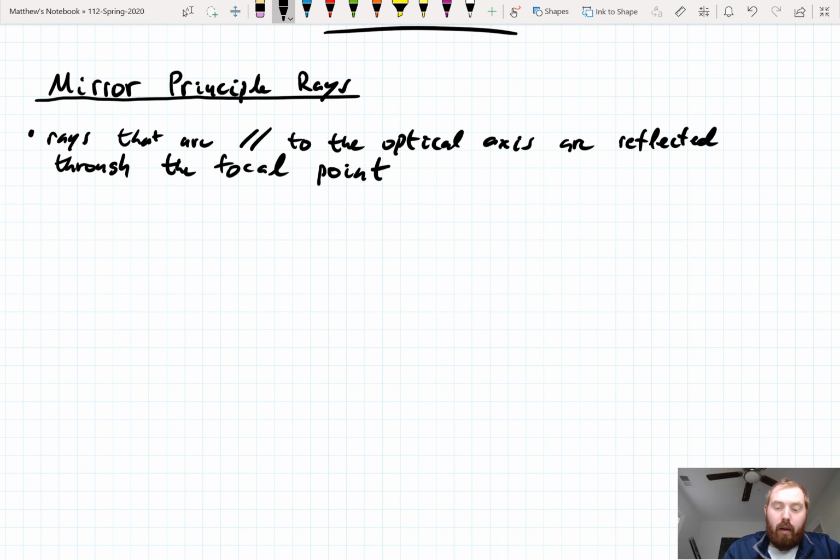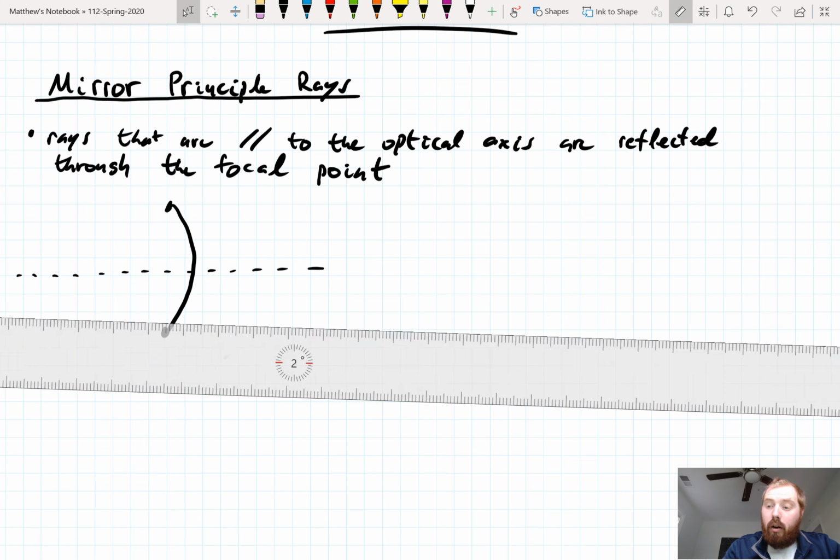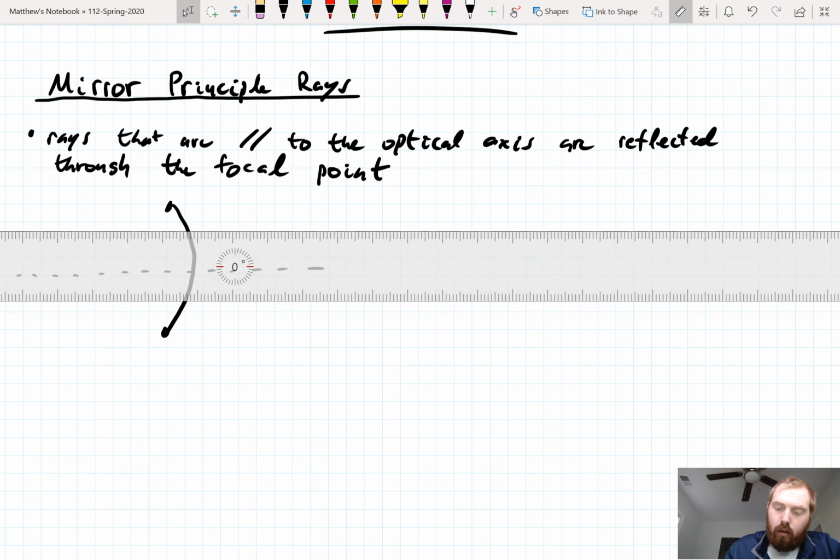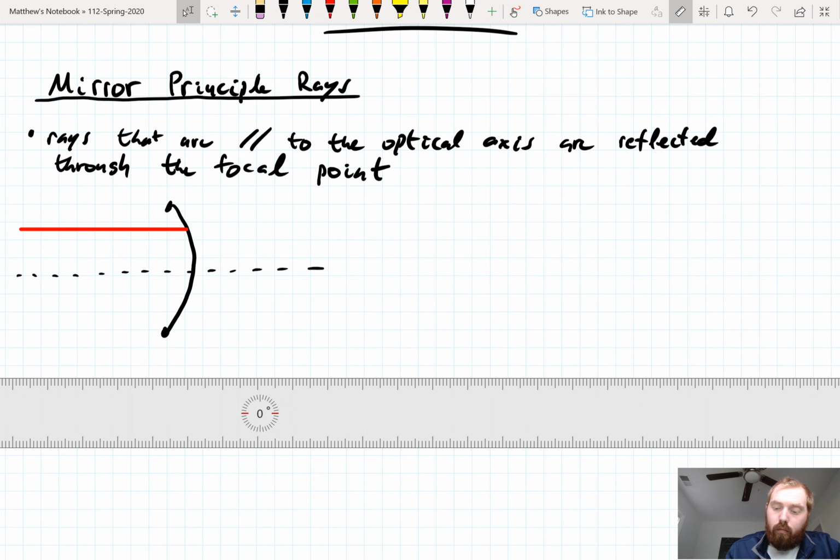Here's my mirror. Here's the optical axis. And now I'm just going to shoot a ray, and I'll make it nice and straight. So I've got this ray coming in. Where does it reflect through?